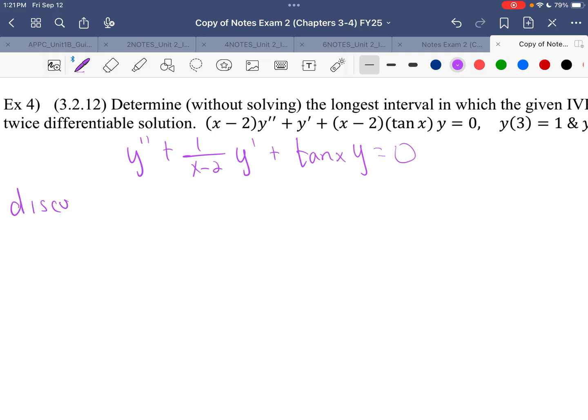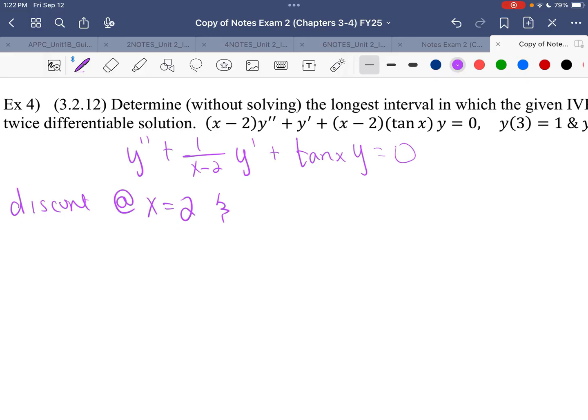It's discontinuous at x equals 2, and tangent is not a continuous trig function. Tangent, where is it undefined? On the unit circle, where is the y over the x going to be 1 over 0 or negative 1 over 0?